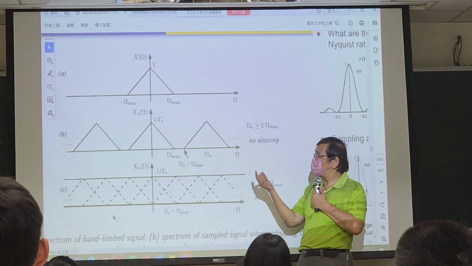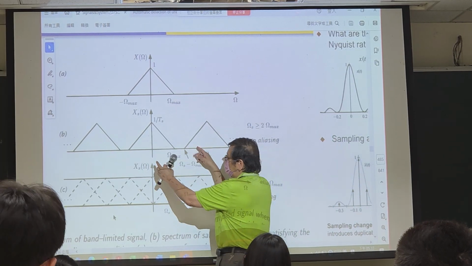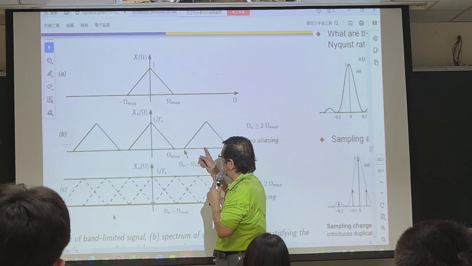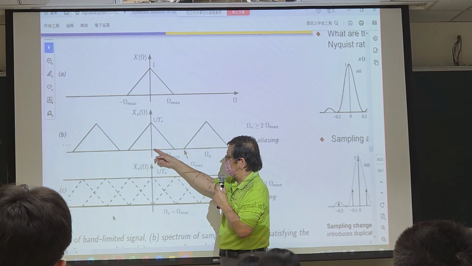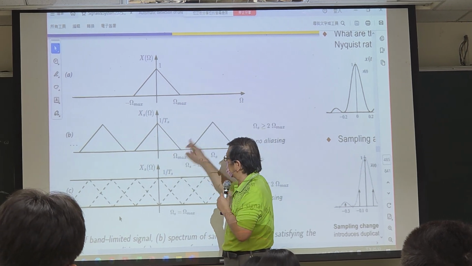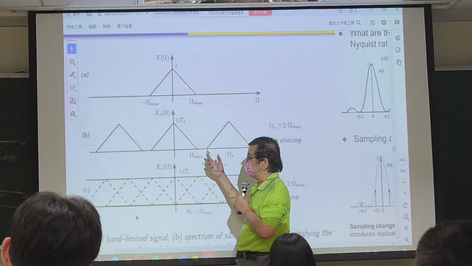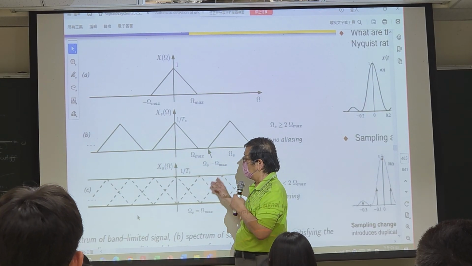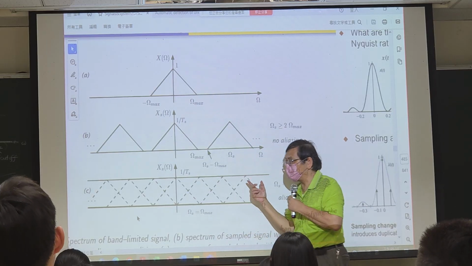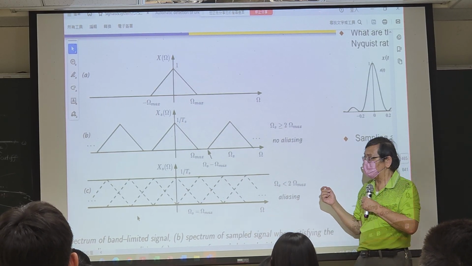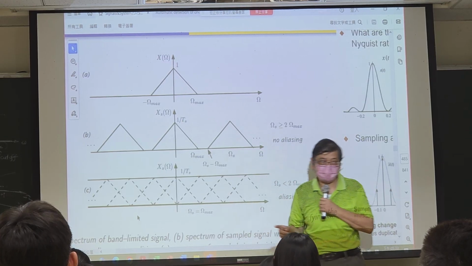Now, if the interval between two of these responses is too small, then these two components can collapse and overlap. So if your sampling time is not small enough, you have a problem. We call it aliasing.